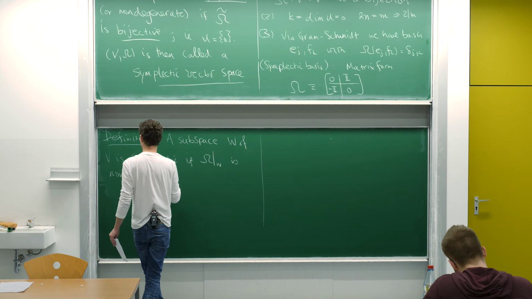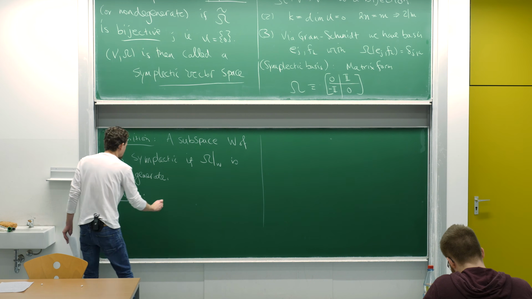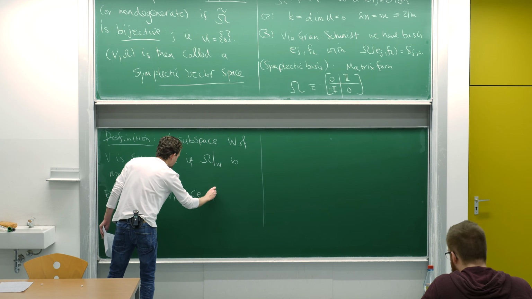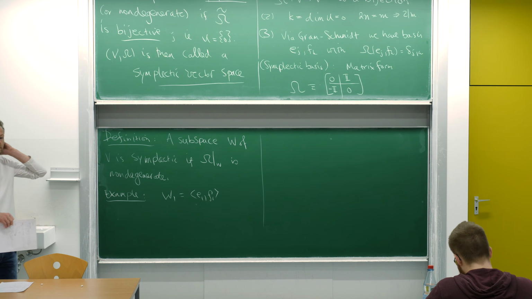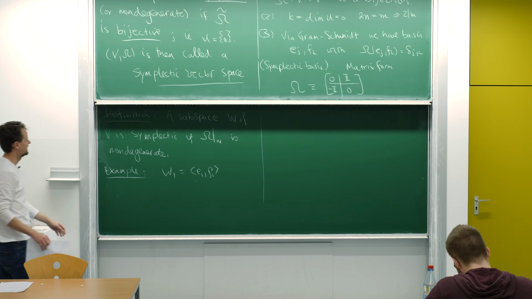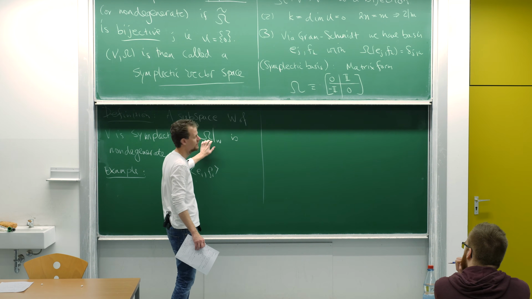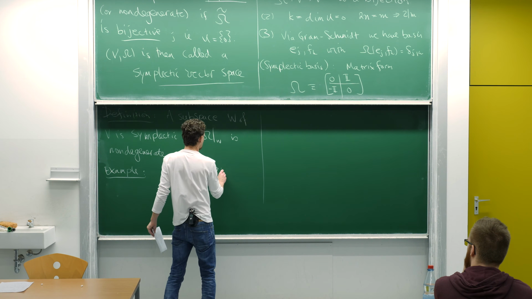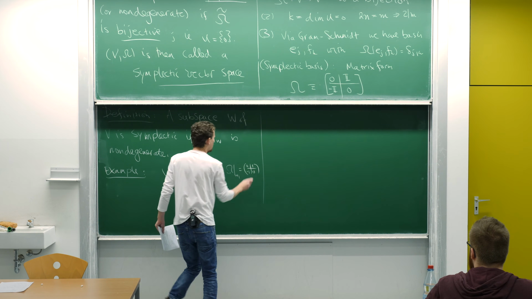So let's give an example. Just take the space spanned by E1, F1 with some symplectic basis Ej, Fk of V. So it's a nice symplectic subspace, because when you restrict this symplectic form onto this two-dimensional subspace, you see that it's got this characteristic form there.